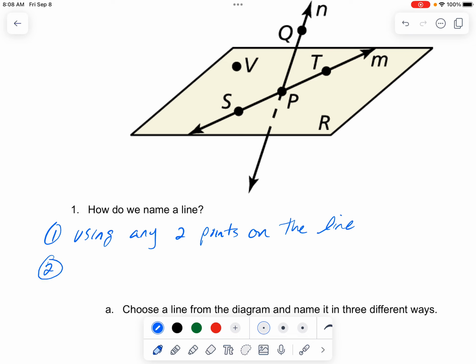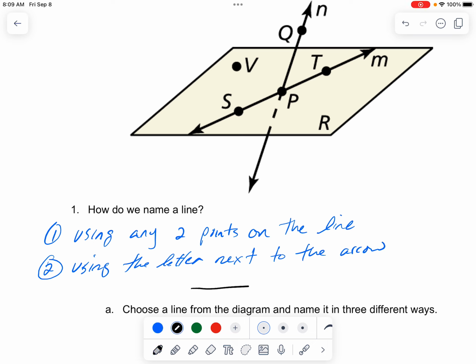The second way that we can do that is using the lowercase letter that is right next to the arrow of a line. So using the letter next to the arrow. Let me do a little example down here.